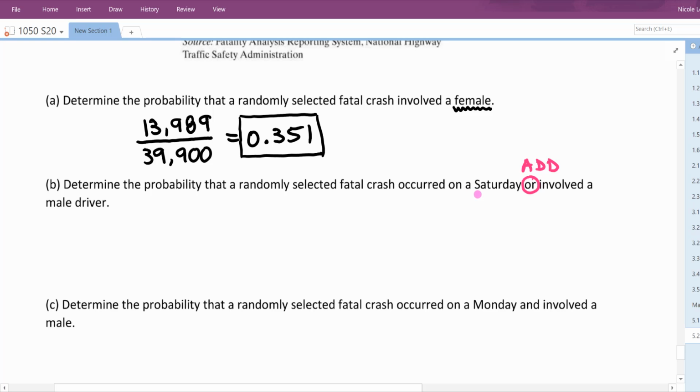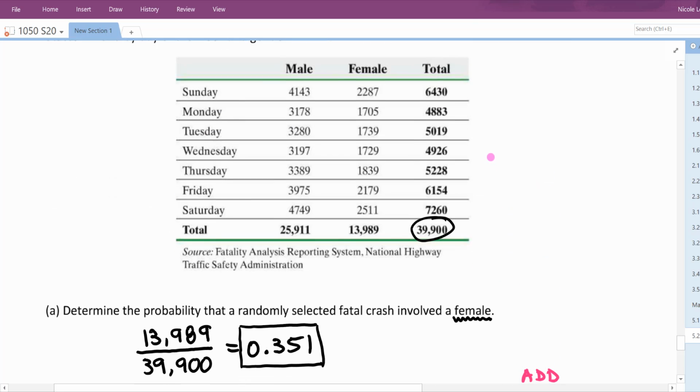So we want the fatal crash to have occurred on a Saturday or involved a male driver. So first thing we're going to do is add up these two totals. And again, like what we've seen before, if there's any sort of overlap, we'll have to take care of that double counting by subtracting.